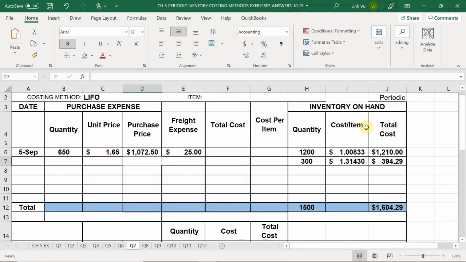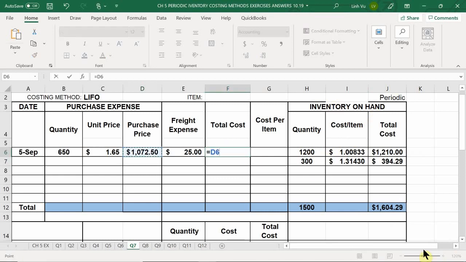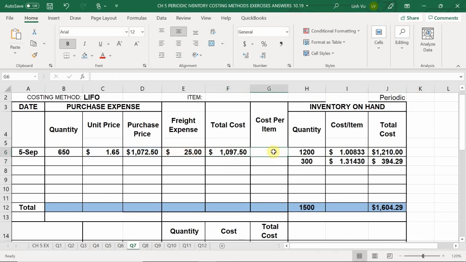Plus $25 freight, $1,097.50. Good. $1,097.50, which then brings my cost per item to 1.688461. Okay.